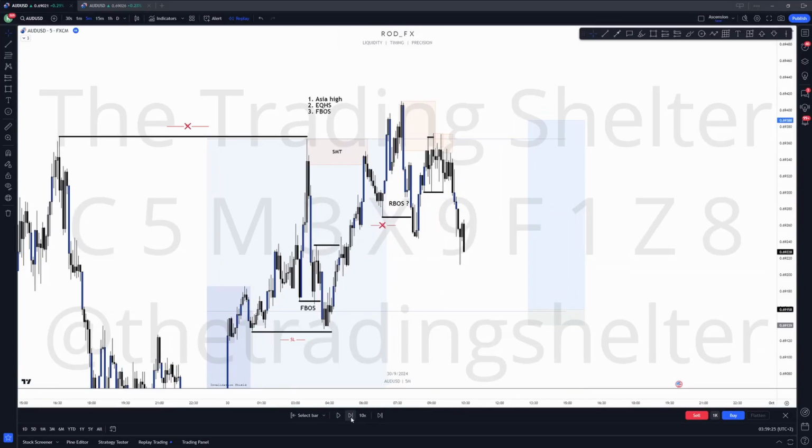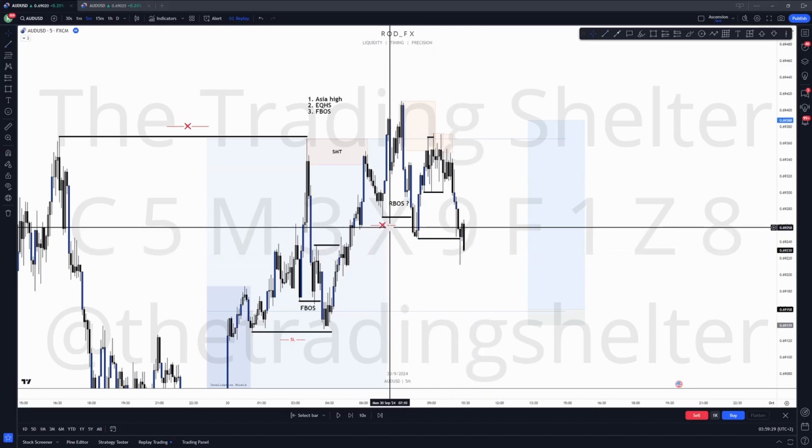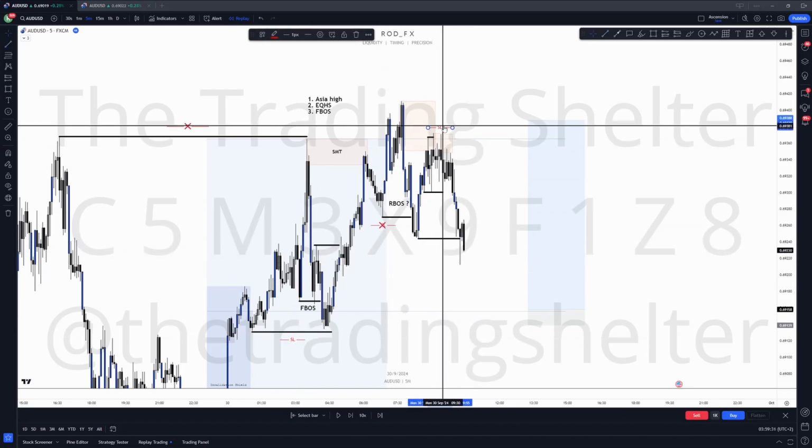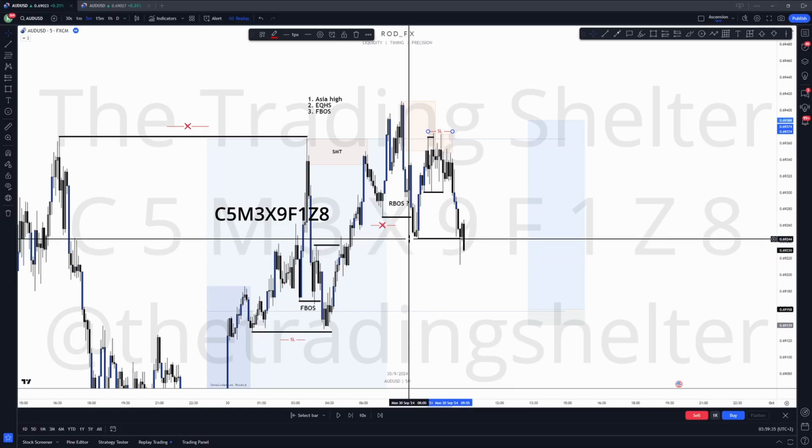Price is lower, very, very straightforward. People are entering here, and we have liquidity above this high. All right.